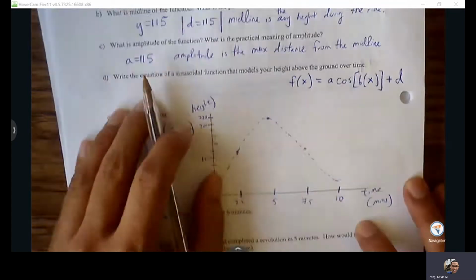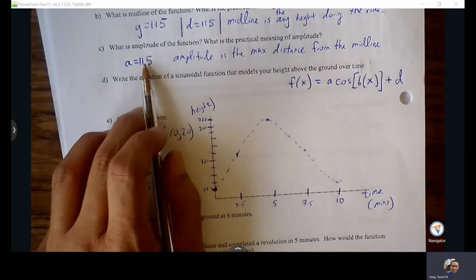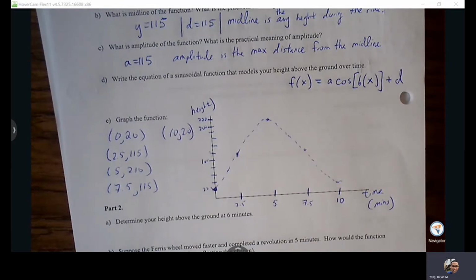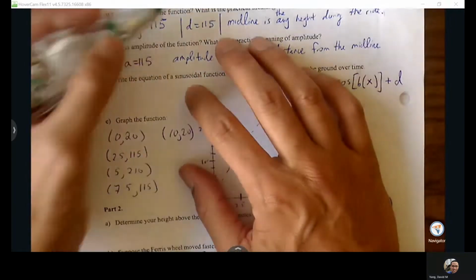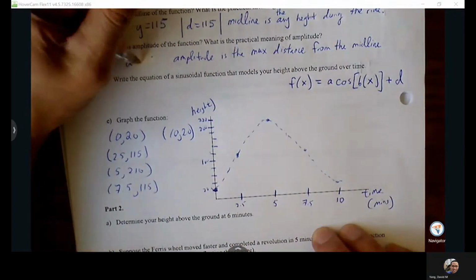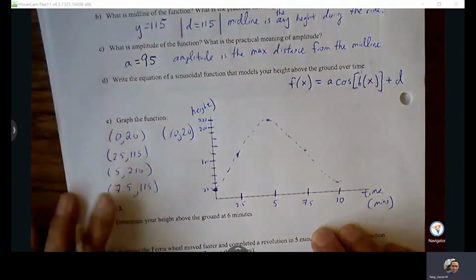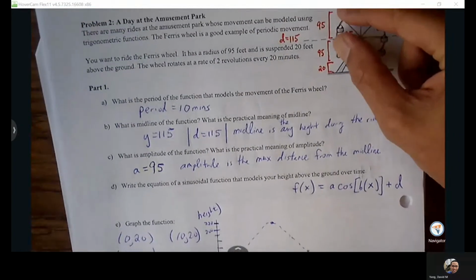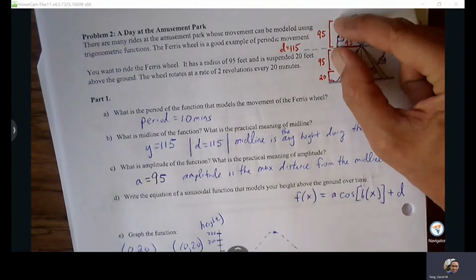Oops, sorry, I messed up here. A is 95, right? 95, sorry, I messed up. Yeah, 95 is distance from center to the max.